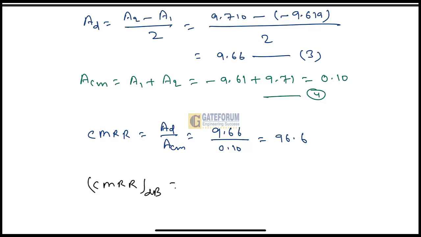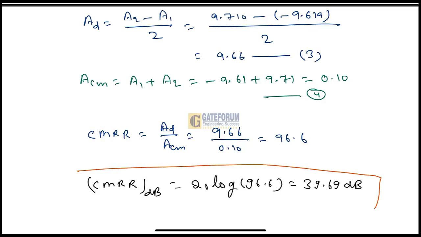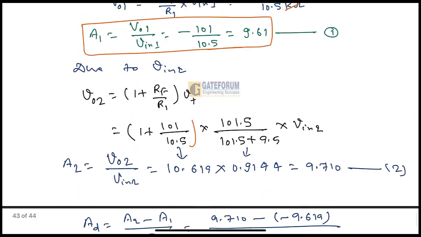CMRR in terms of dB is equal to 20 log 96.6. So this value becomes 39.69 dB. Even though in this question they asked about CMRR in terms of dB, the value we got is 39.69.